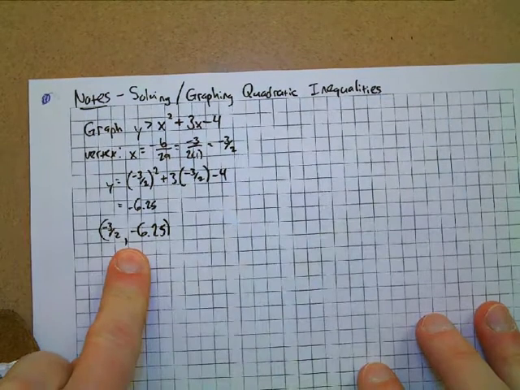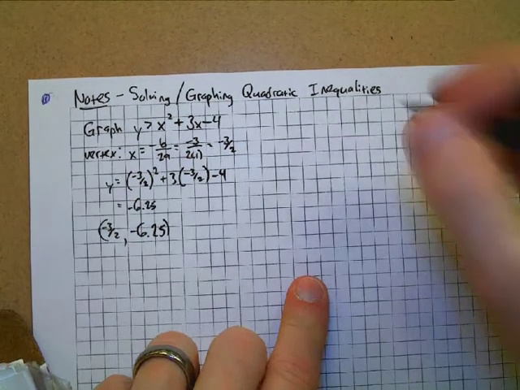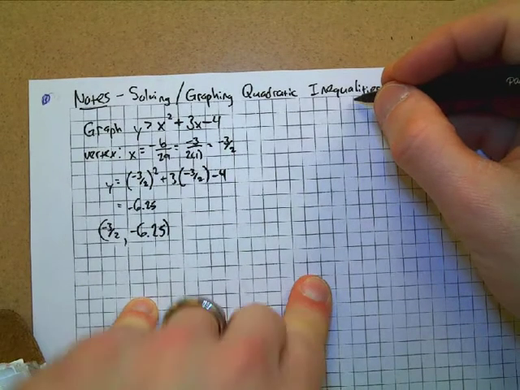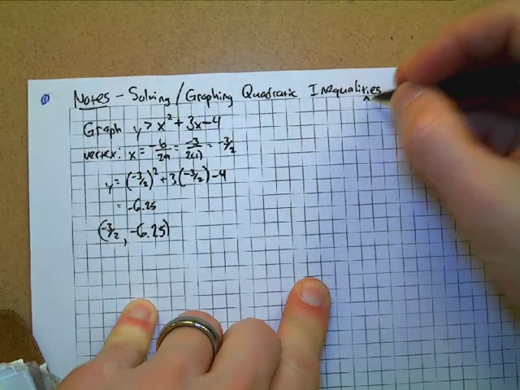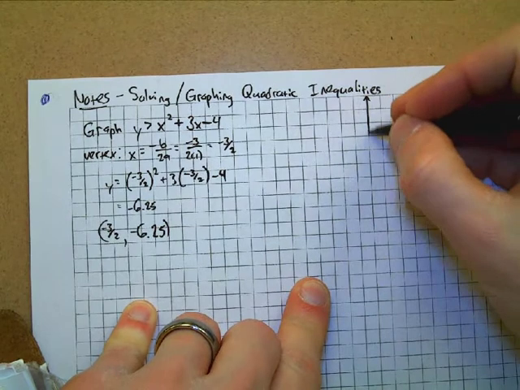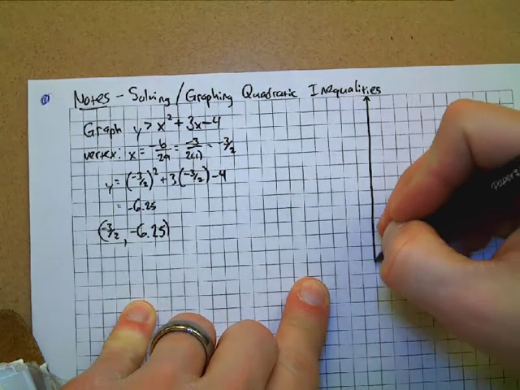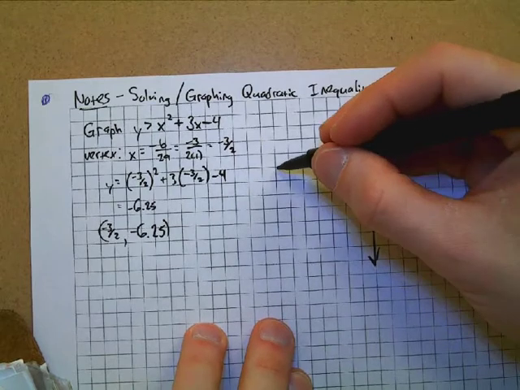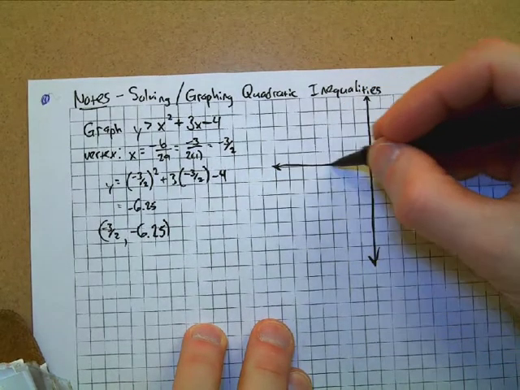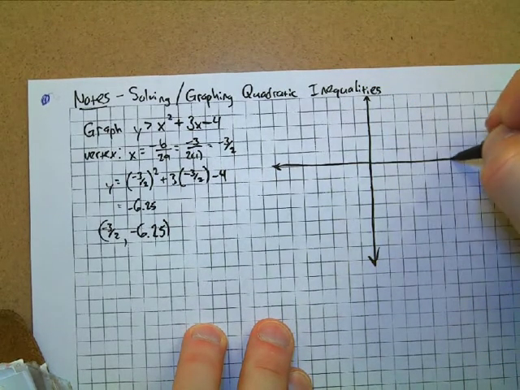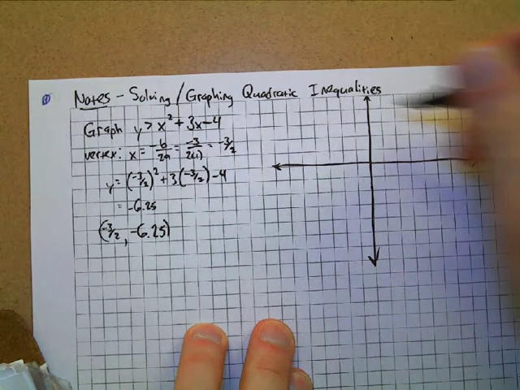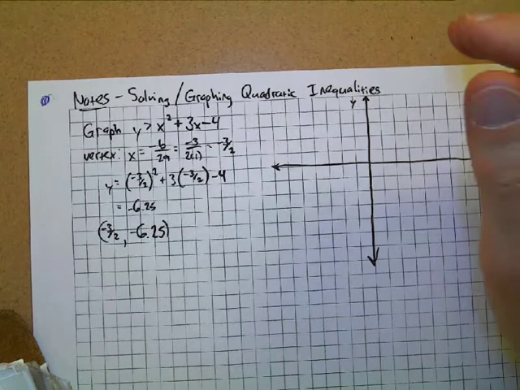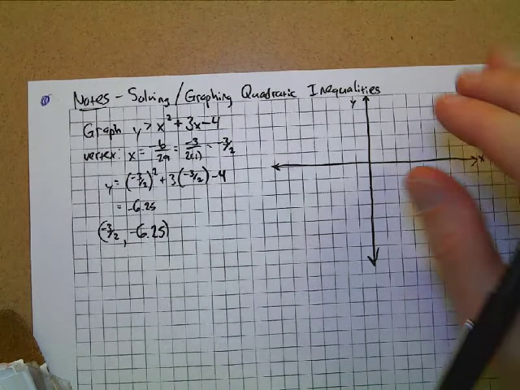Okay, and so we'll go over here and we'll graph it. So negative 3 halves is the same as negative 1.5.